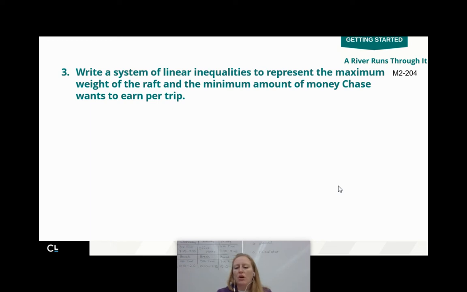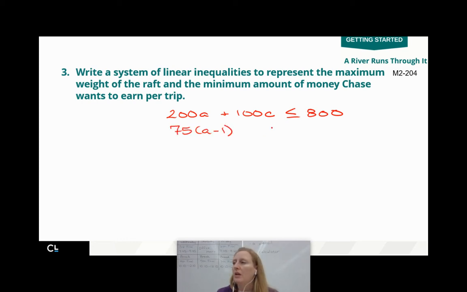Together, these are a system of linear inequalities that represents the maximum weight of the raft and the minimum amount of money Chase wants to earn per trip. So our 200A plus 100C had to be less than or equal to 800, along with our other inequality about the money, so 75 times (A minus 1) plus 50C is greater than or equal to 150.